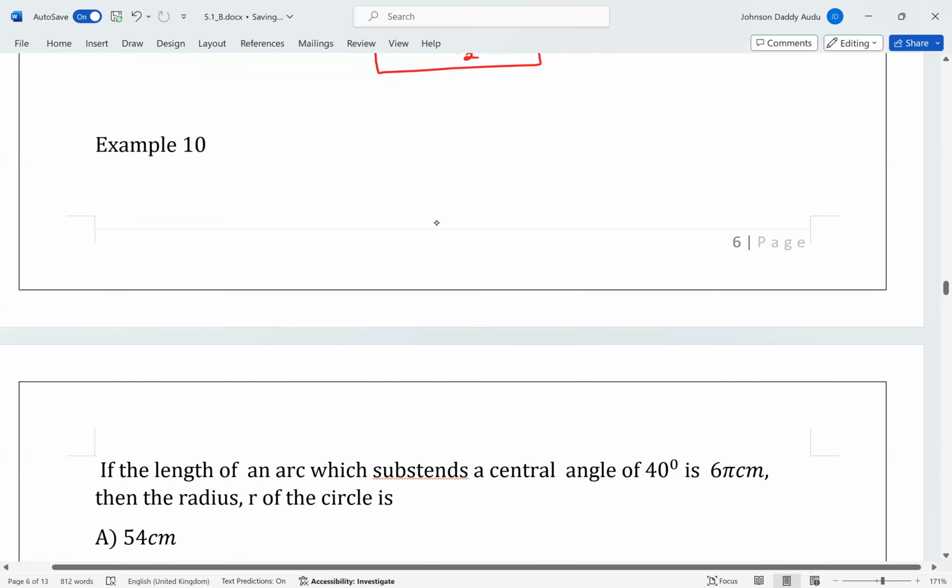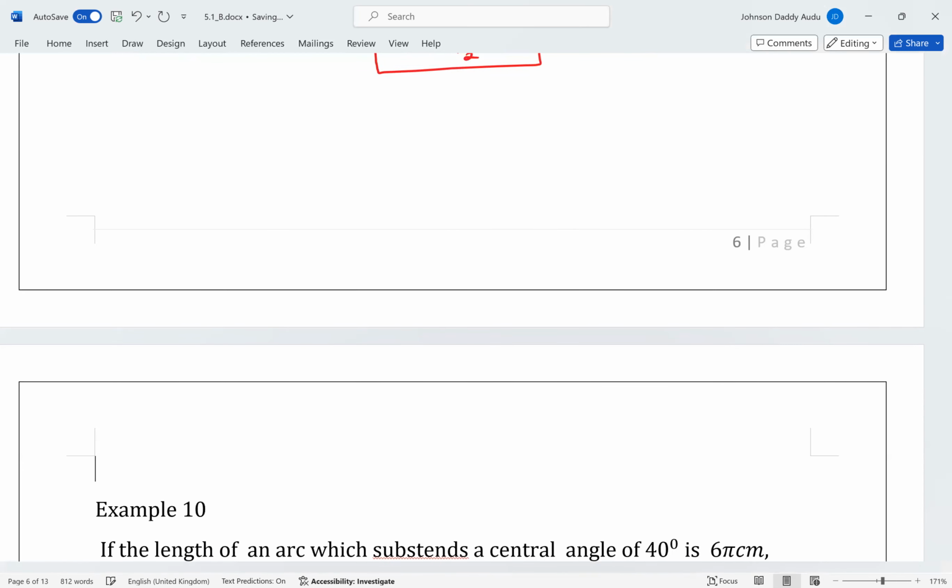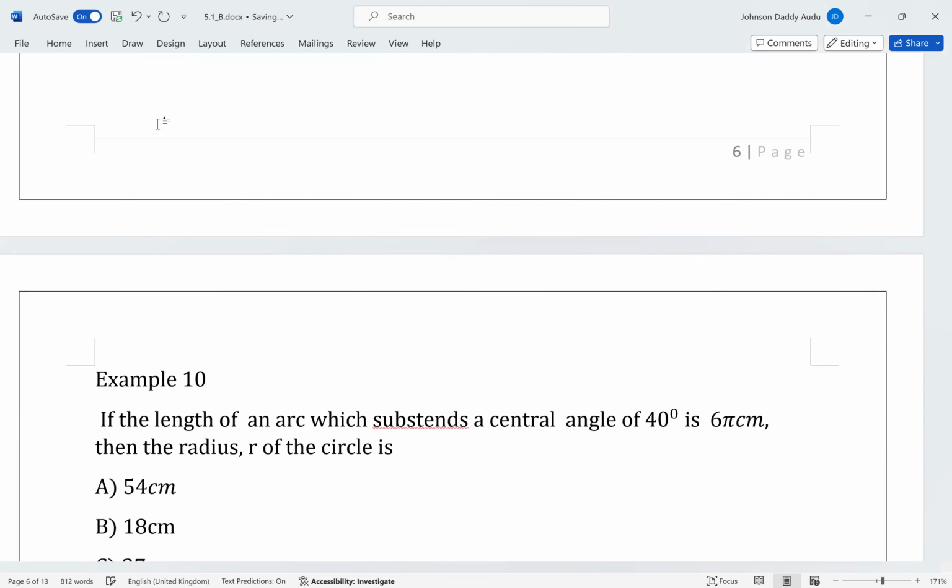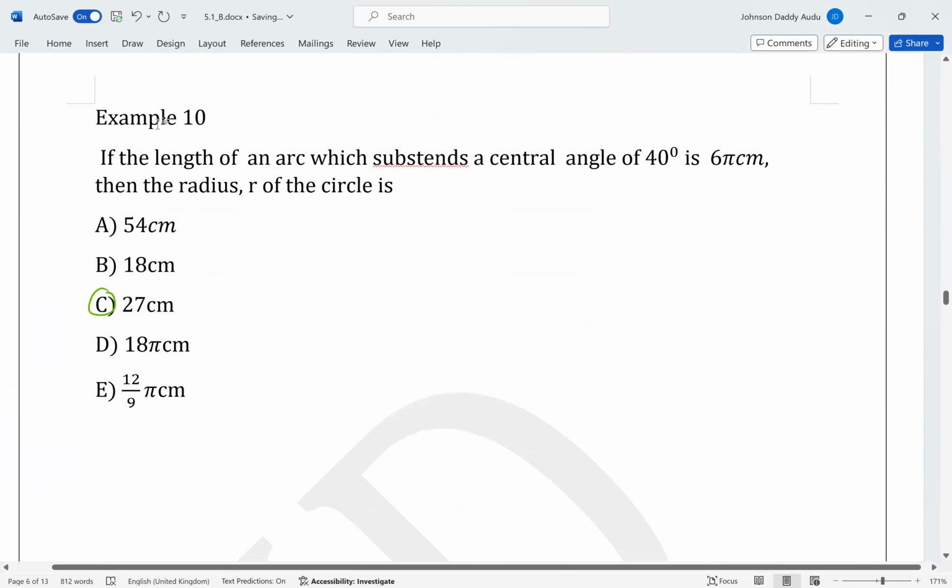So example 10, let's see. It says if the length of an arc which subtends a central angle of 40 degrees is 6 pi centimeters.